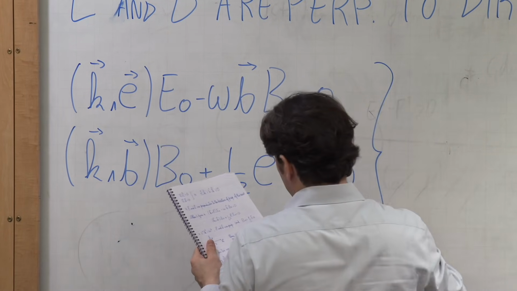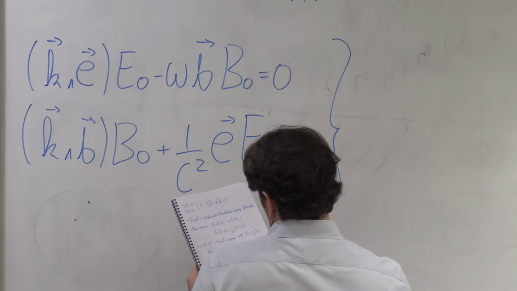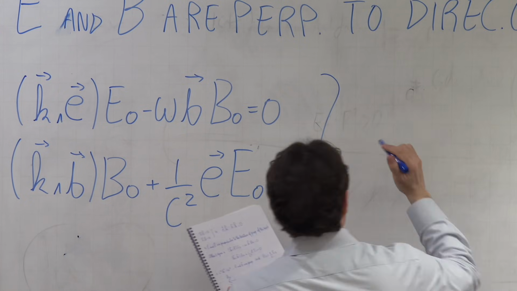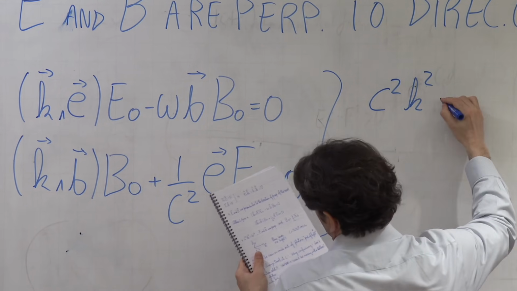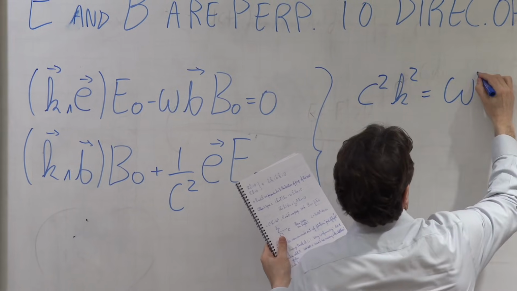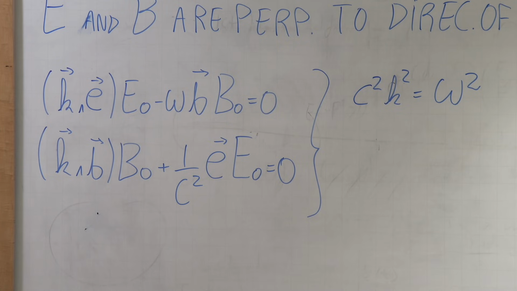And these two together, first, they imply that c squared K squared is equal to omega squared. And that's cool. It's the condition that we already knew from solving the wave equation. Okay?